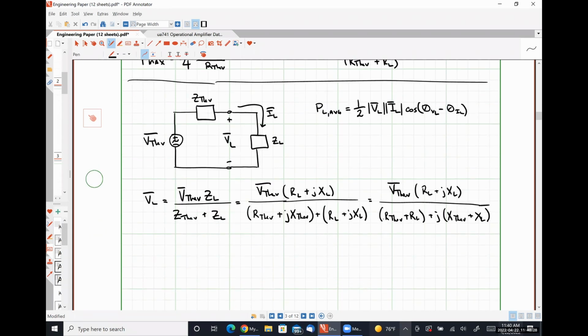So by inspection, the magnitude of phasor voltage VL is going to be the magnitude of V Thevenin times the square root of RL squared plus XL squared divided by the square root of R Thevenin plus RL quantity squared plus X Thevenin plus XL quantity squared.